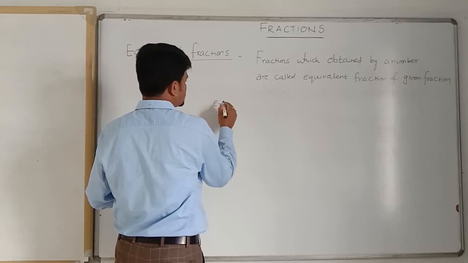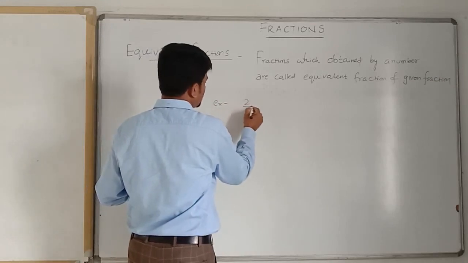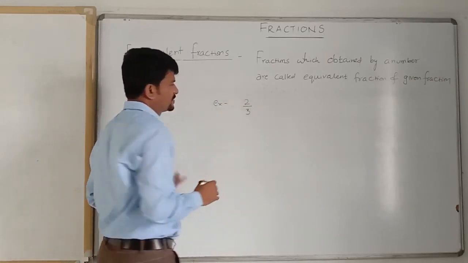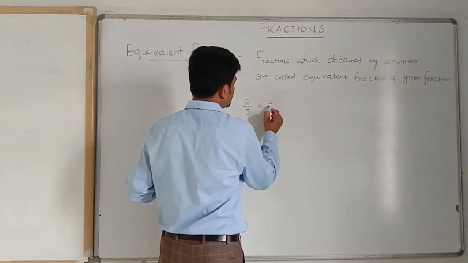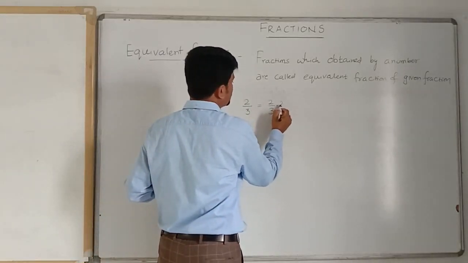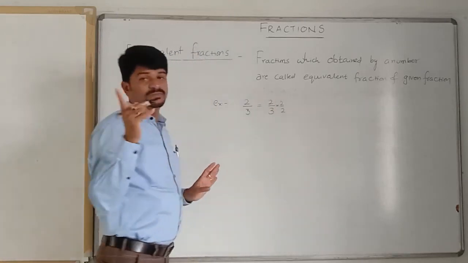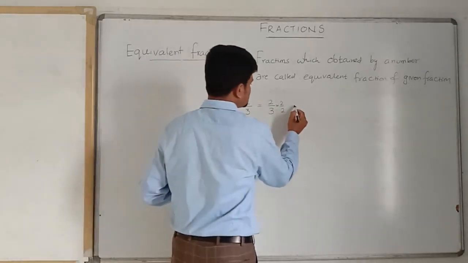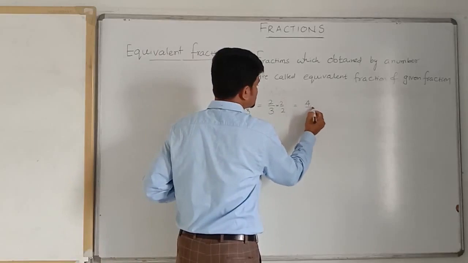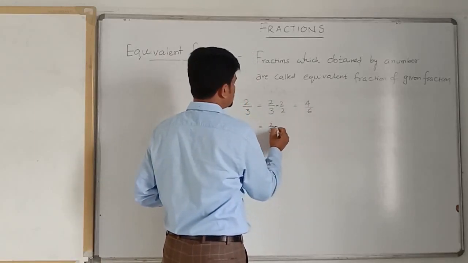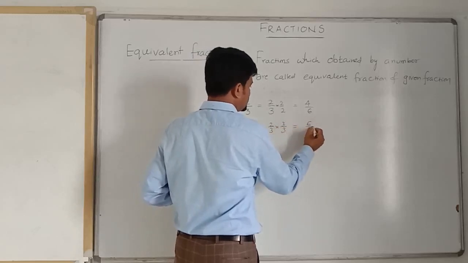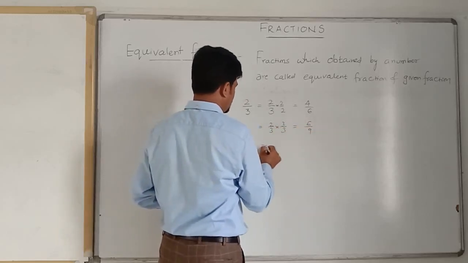For example, 2 by 3 can be multiplied with 2 by 2. You should multiply with the same number. That implies 4 by 6. Again, 2 by 3 multiplied with 3 by 3 gives 6 by 9.